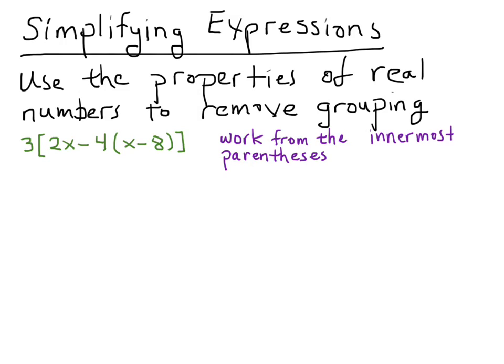The way that you should do this is work from the innermost parentheses first and simplify, and then keep on going to the outside. So in this case, you look at the innermost parentheses, and that says x minus 8, and that can't be simplified. Those are not like terms. So then the next thing we would do is multiply -4 times x minus 8.